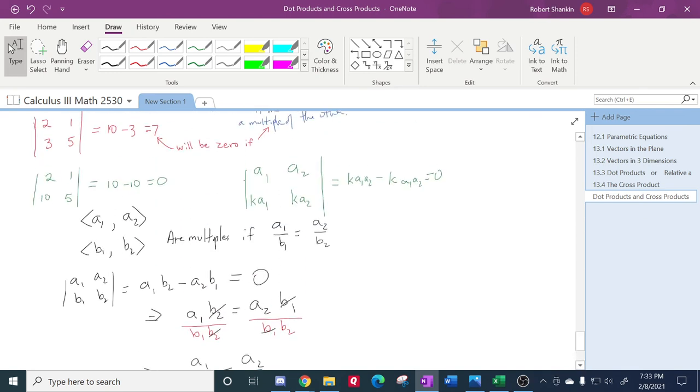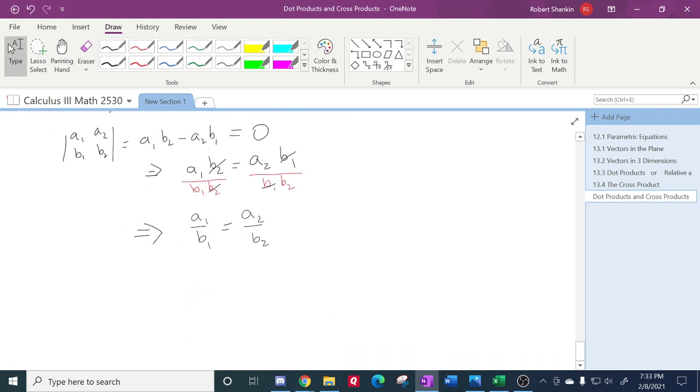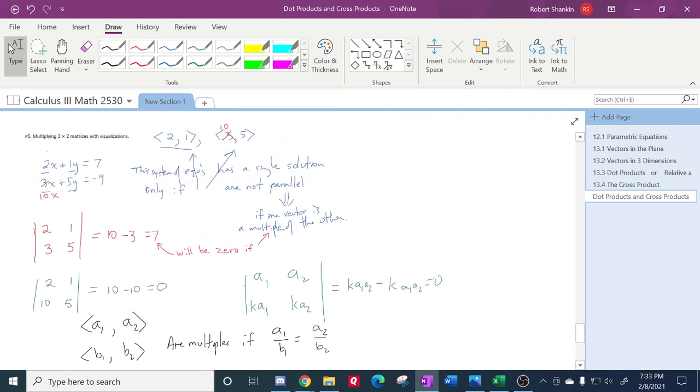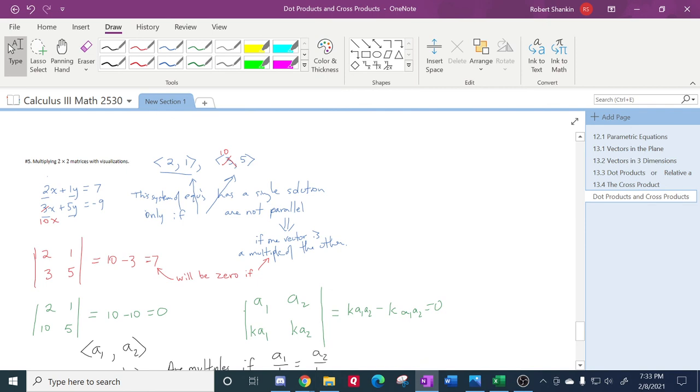Now, what's really fascinating is this theory all extends to 3 space as well, and the determinant of a 3 by 3 matrix. Now, it's much more complex, but when you get that number, it has that same interpretation of the 3 different, now they're not equations of lines anymore, they're equations of planes in space.